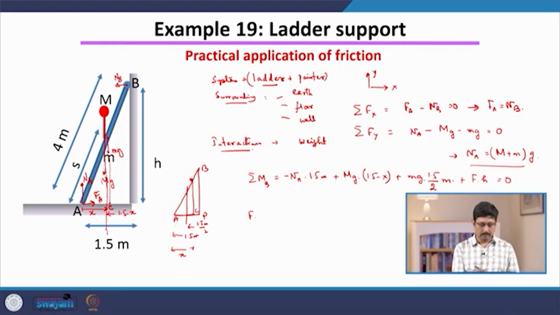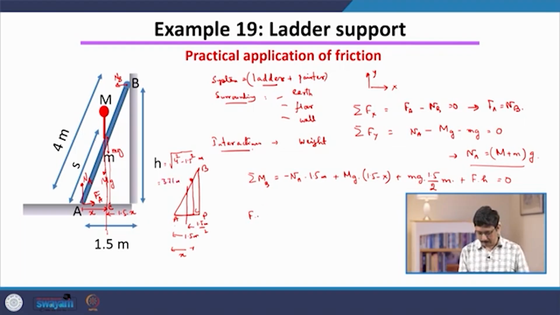Now, note that from the problem, h is known. h is from geometry, this is the square root of 4 squared minus 1.5 squared, in meters, and this turns out to be 3.71 meter.